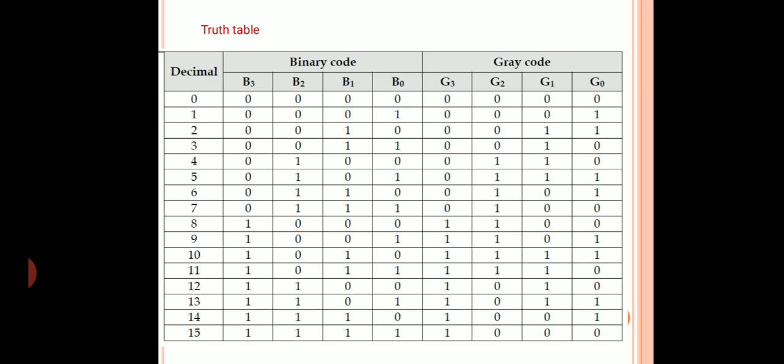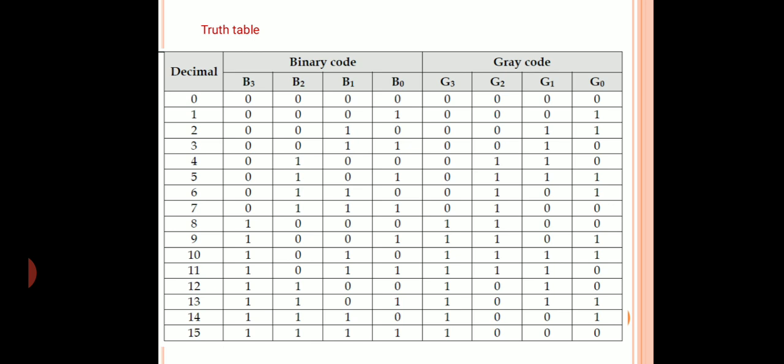The process of designing a combinational circuit remains the same. The first step is to draw the block diagram as we have observed in the previous slide. Then we write the truth table like this. Afterwards, we have to solve the K-map for every output.